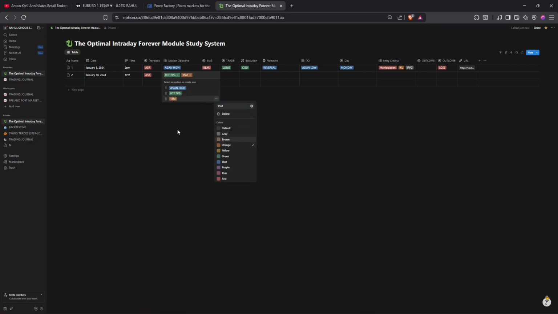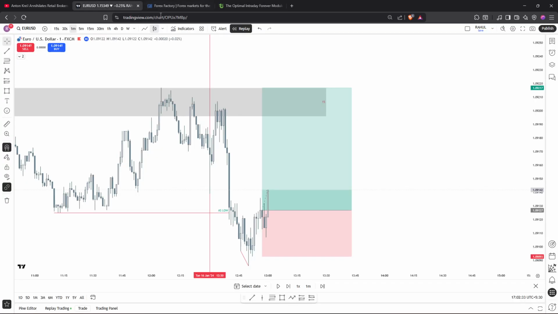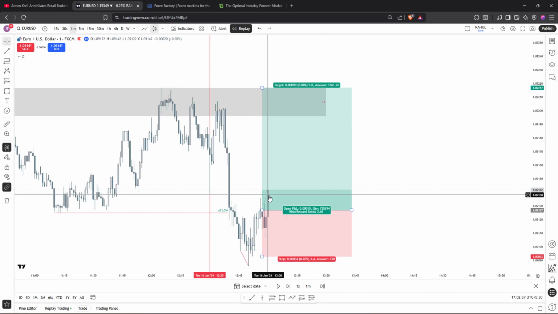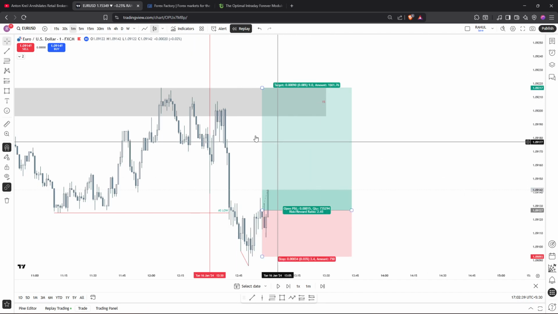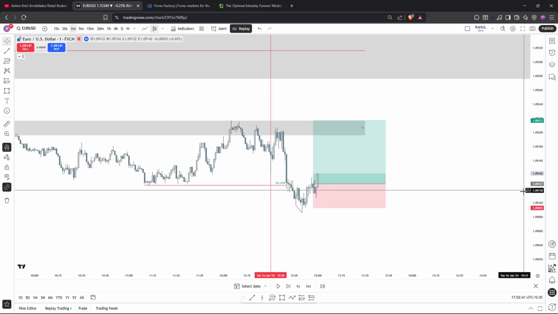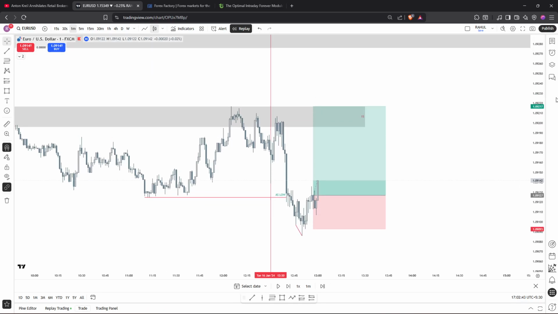I'll write whatever is my drawn liquidity for the current trade. My current objective is to tap this 15 minute FVG and take this high. And eventually we can go and balance liquidity to the Asian high.